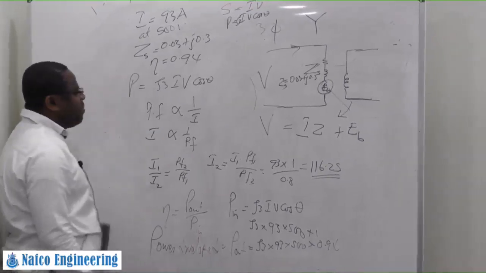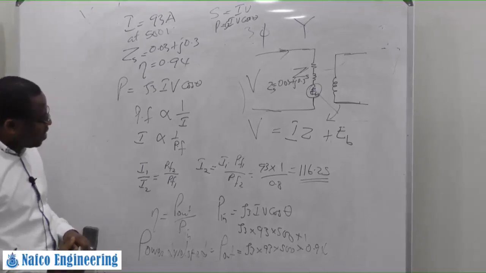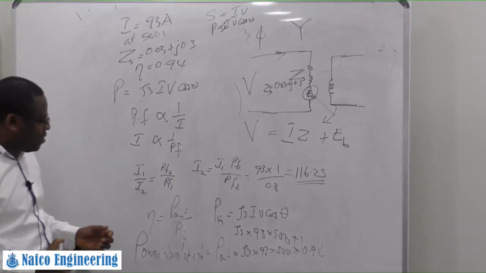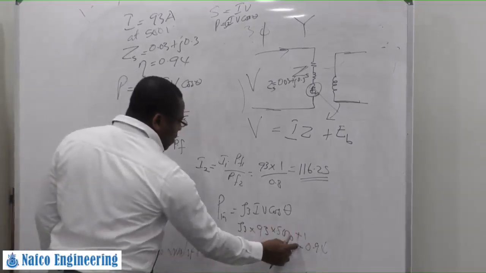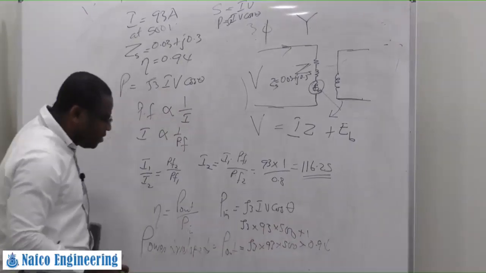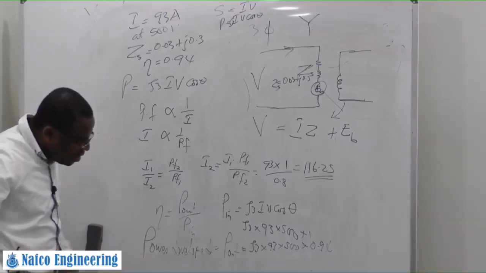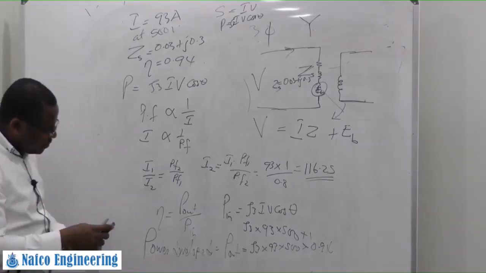Okay, but if you want to get the power developed when operating at the power factor of 0.8, we're going to substitute 0.8 there, where we have 1. We'll multiply that by 0.8 again. Let's see how much that one can give us first.